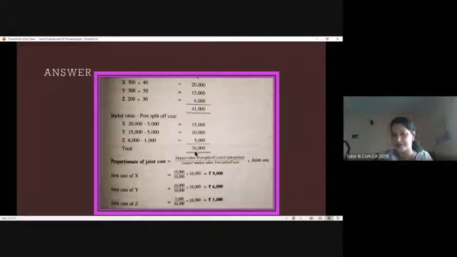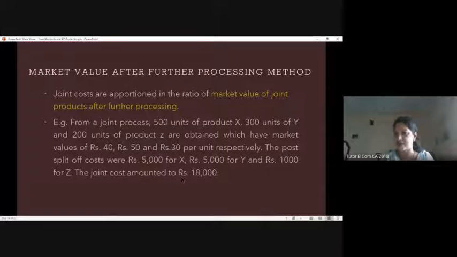So 15,000 by 30,000 into the joint cost. Here in this case, it is 18,000. It's already given in the question: the joint cost amounted to 18,000. So we establish a ratio, that is the actual value for a particular product by the total, into the joint cost. So here the joint cost is 18,000.